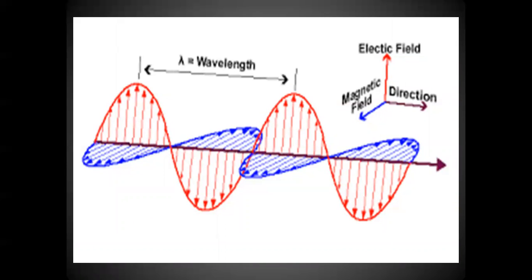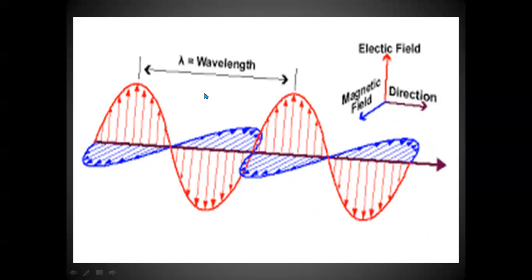This picture shows you the representation of EMR, how to represent electromagnetic radiations on paper or board. We have to consider 3 dimensions, that is X, Y, and Z axes. On one of the axes, let us say the X axis, we take the direction in which the wave is propagating. Which wave?